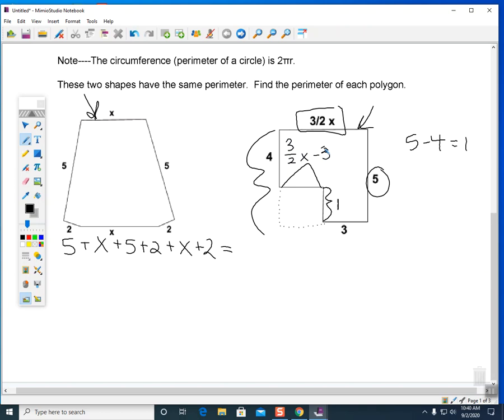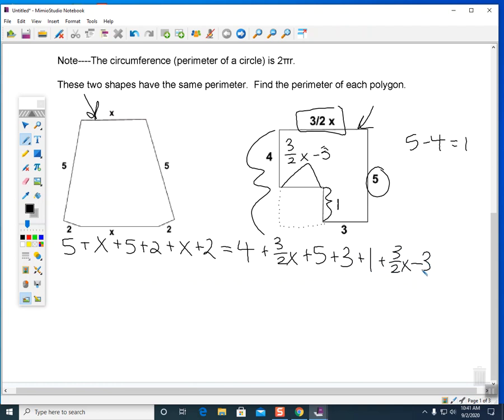So now I can go around and do the same thing. So I've got 4 plus 3 halves x plus 5 plus 3 plus 1 plus 3 halves x. And then I've got plus a negative 3, so I can just write minus 3.